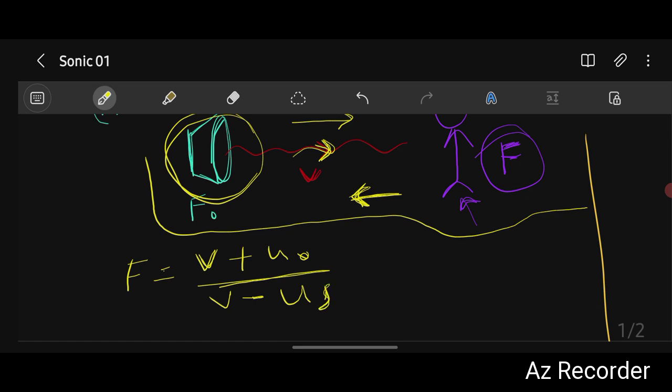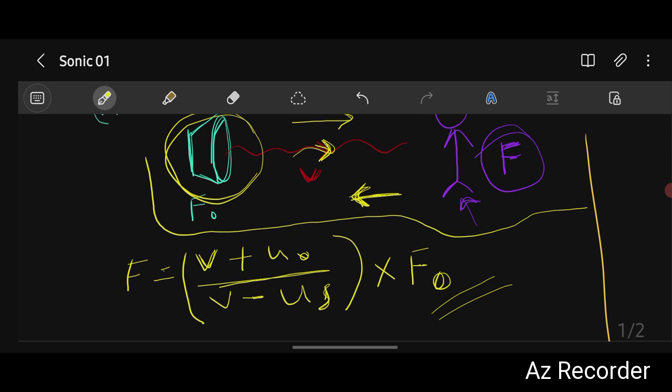Then we multiply this with f naught, the real frequency. From this we get the apparent frequency heard by the observer when the source and the observer move towards each other.